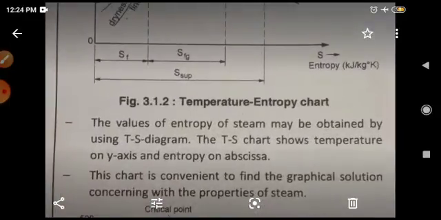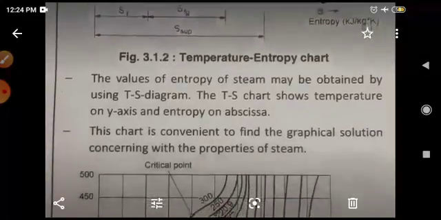The values of entropy of steam may be obtained by using the TS diagram. The TS chart shows temperature on the y-axis and entropy on the abscissa, that is the x-axis. This chart is convenient to find the graphical solution of the properties. So you must know how to read all these charts, because this will be very useful to solve the numericals on this chapter.